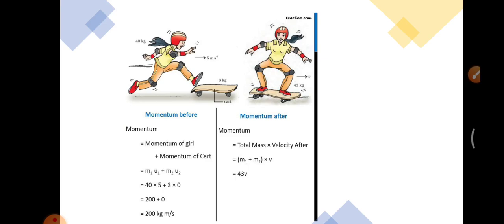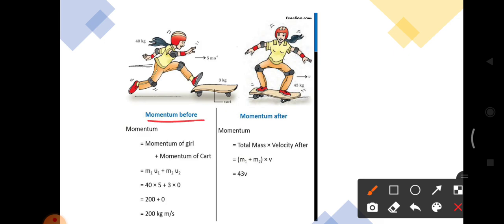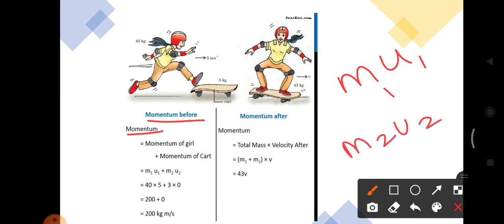You have to calculate the momentum before and after. The momentum before equals the momentum of the girl plus the momentum of the cart. The momentum of the girl is M1 U1 and the momentum of the cart is M2 U2. Initially the girl has a mass 40 and velocity 5.